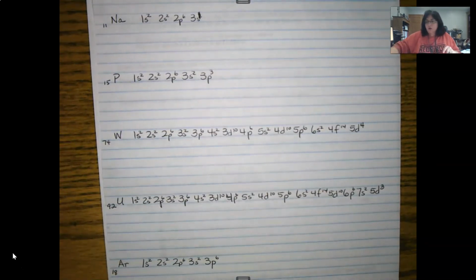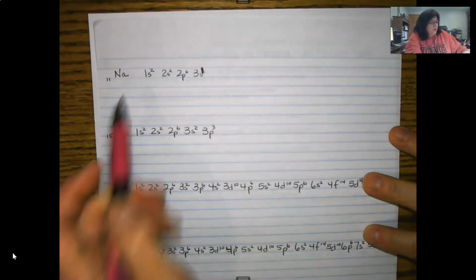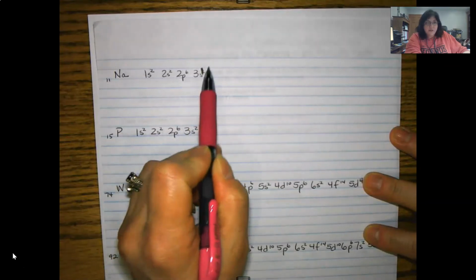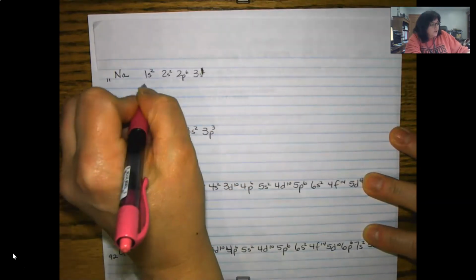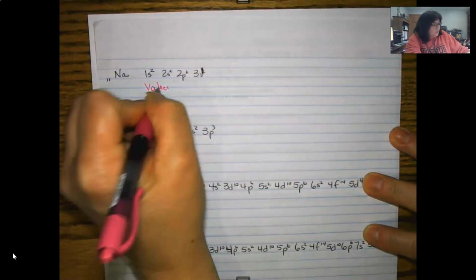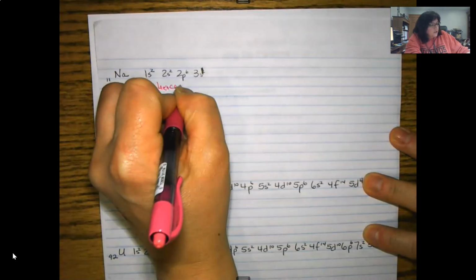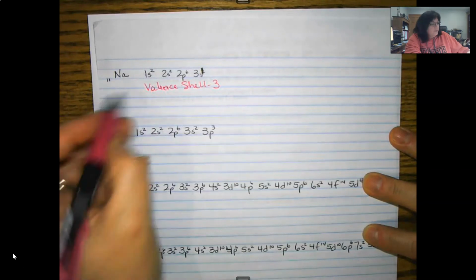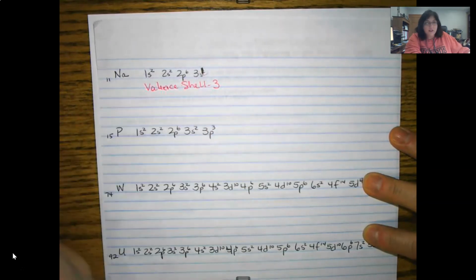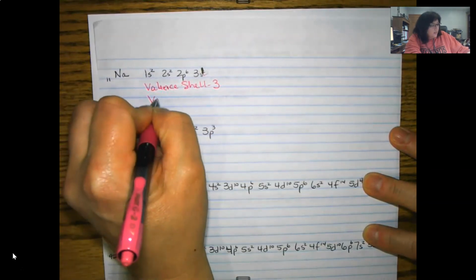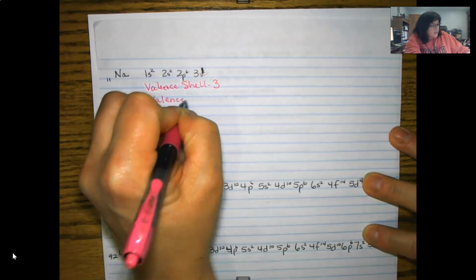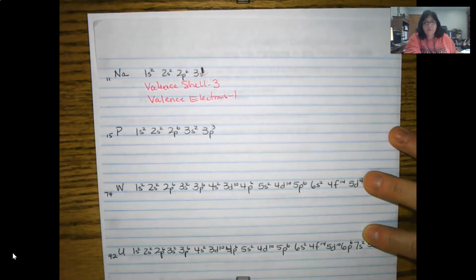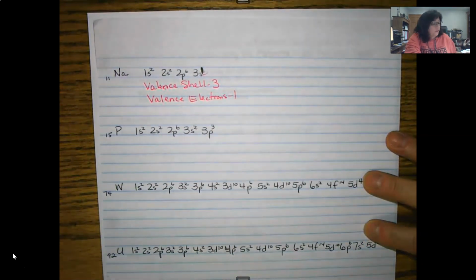All right, if we look at sodium, the highest principal energy level is 3. So the valence shell for sodium is 3. How many valence electrons does sodium have? Well, it just has 1 in that 3rd shell, so the number of valence electrons is 1. Now, how am I going to write the configuration?